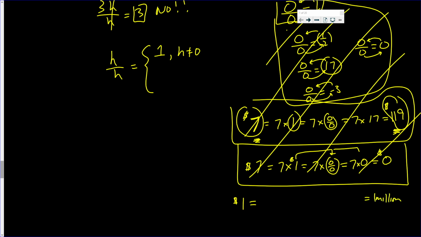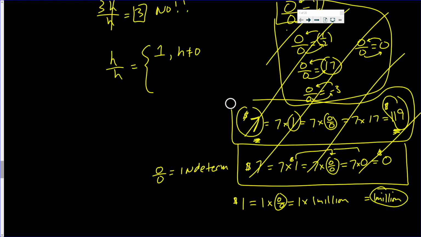And you know, you have an argument. 1 is equal to 1 times 1, and that's how I'm writing 1. But then I can multiply by any other value that equals 0 over 0, like 1 million. So I want my $1 million now. You can't. 0 over 0 is what is called indeterminate.